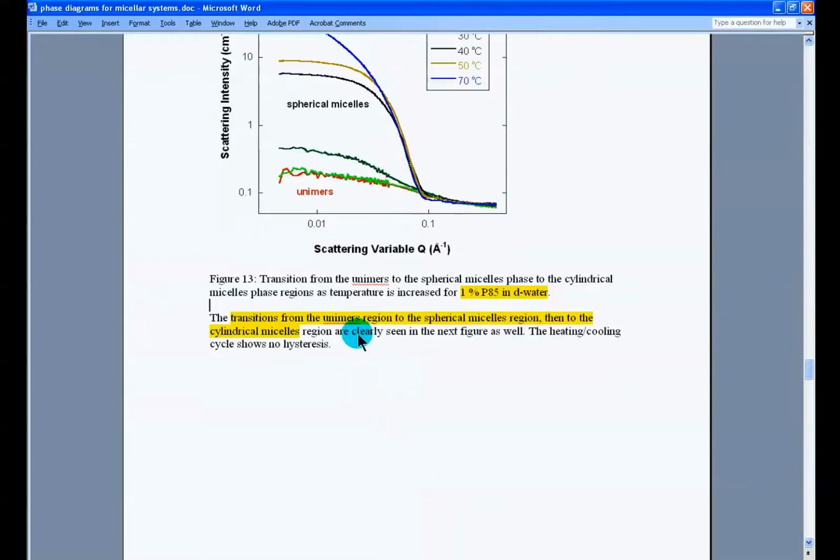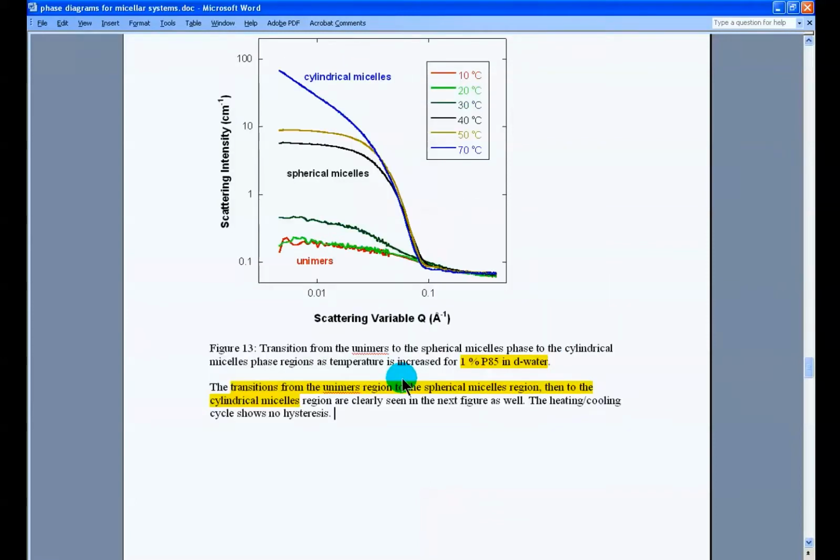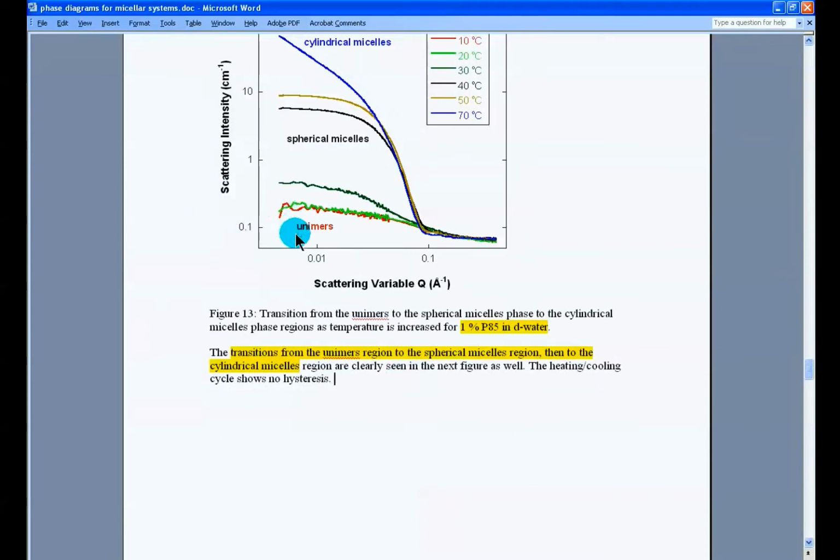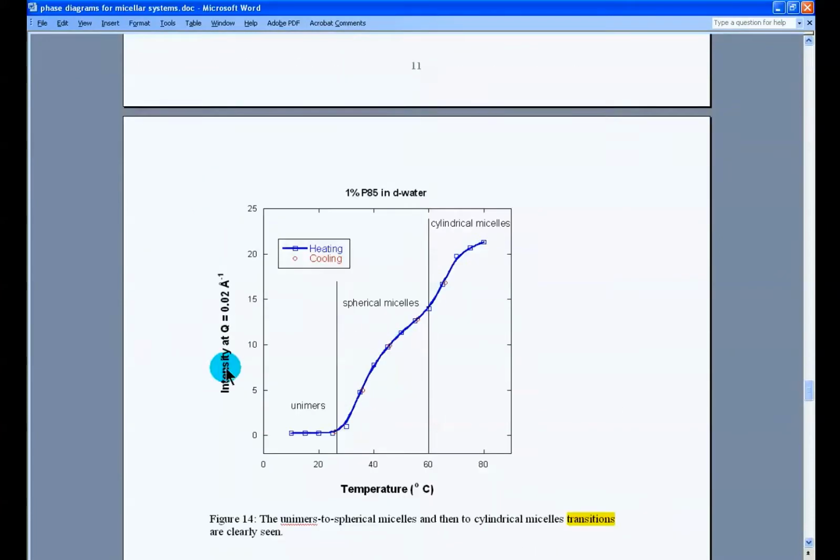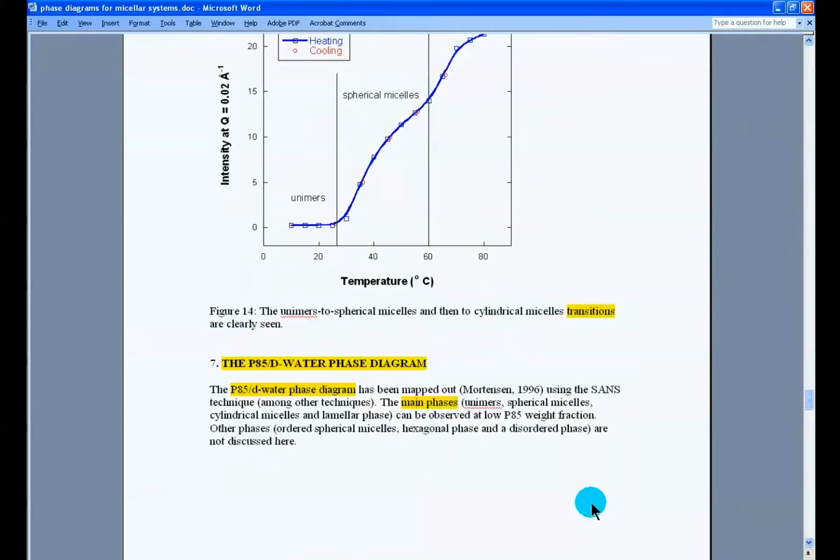The transition from the unimer region to the spherical region, then to the cylindrical region, can be better observed if we take intensity at a low Q versus temperature. So we really see the unimer phase, the spherical micelle phase, onto the cylindrical micelle phase. Upon heating or cooling, not much change, so these transitions are reversible.